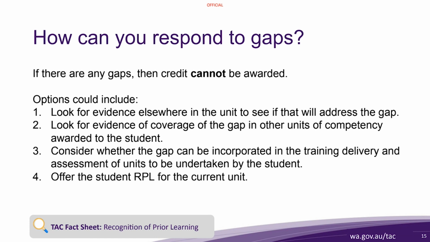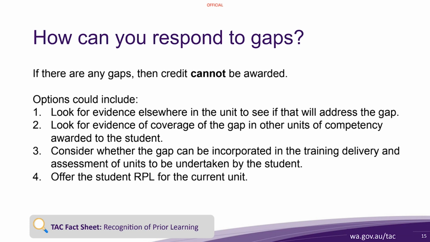So you can see that there's going to be the need now, not for just an administrative process, but for an expert process. And what we're saying to a student is, we're not denying you credit, we're exploring the possibility of credit. And if credit can't be automatically awarded, or cannot be awarded on a straightforward basis, then we will look to see if we can preserve the integrity of the current unit of competency through options of this kind.